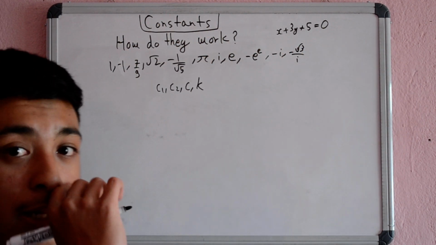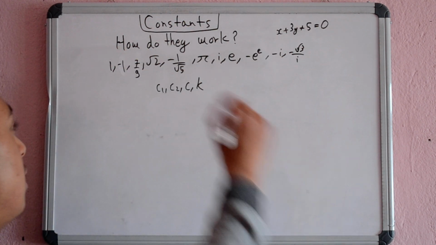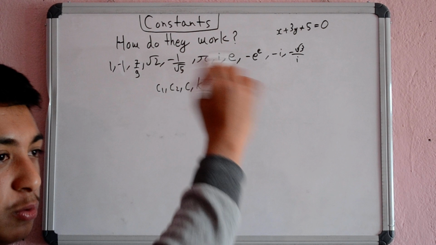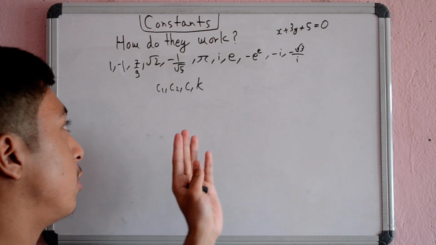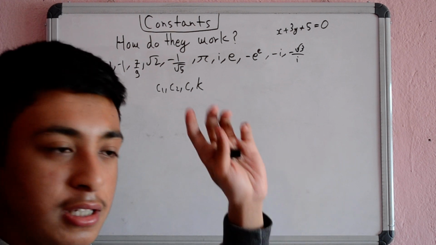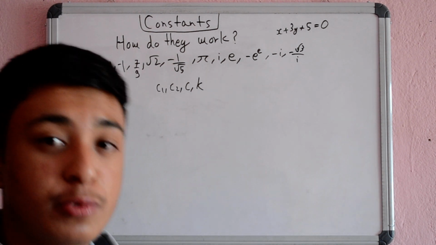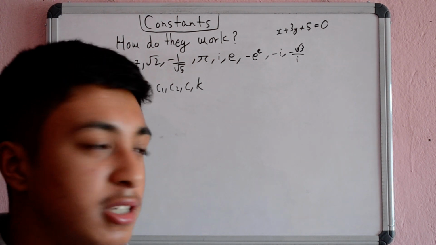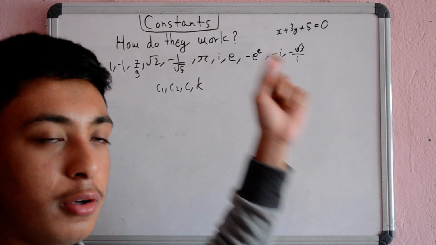So let's move on to the main part of the video in which we'll talk about how constants work. This question refers to an equation where we have to deal with certain terms and operations such as addition, subtraction, multiplication, division, moving from left hand side to right hand side. I'll be talking about all of that here.